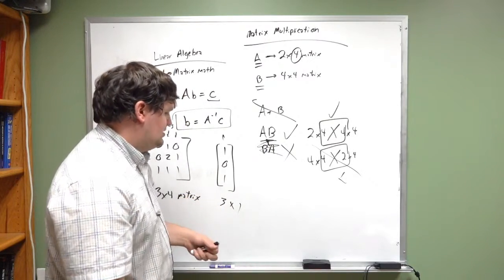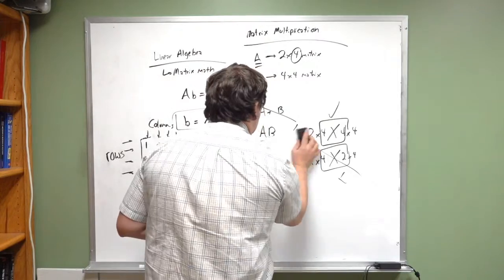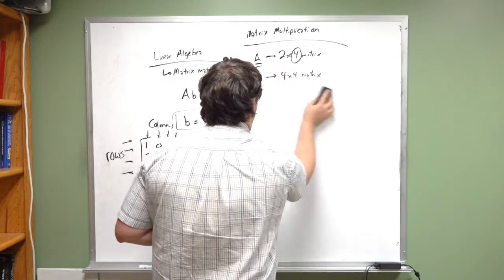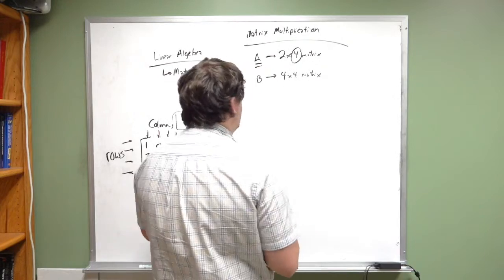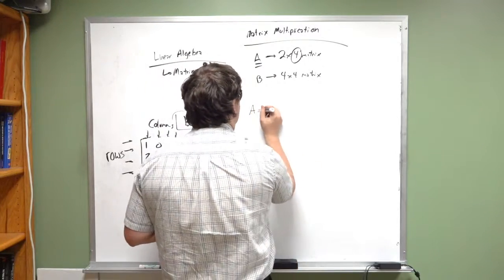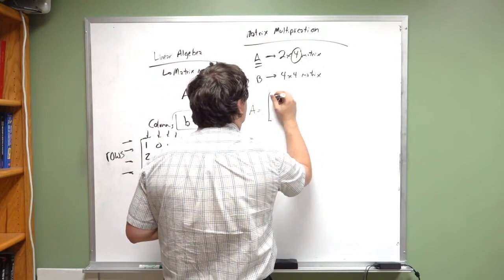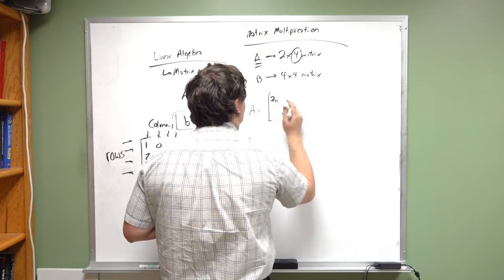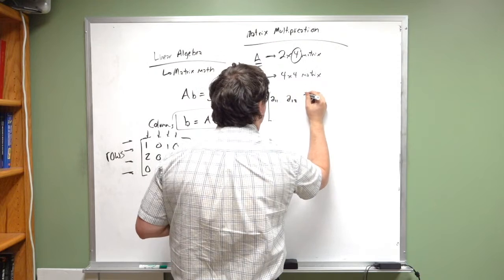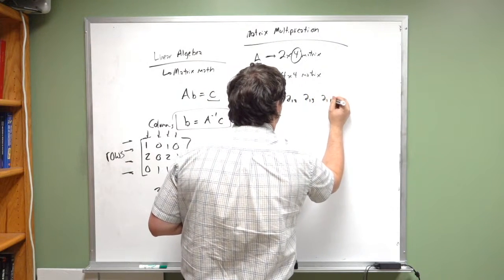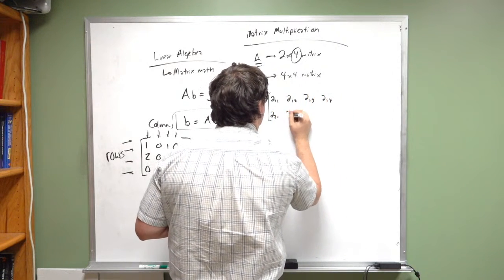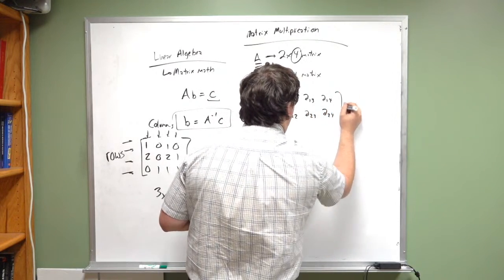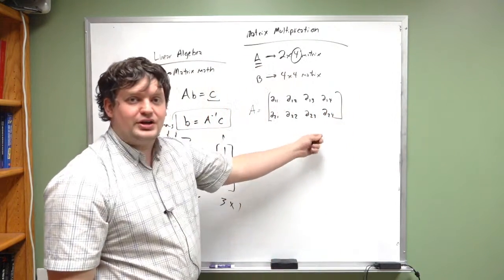Okay? So when you multiply matrices by each other, here we can multiply A and B. A is defined as A11, A12, A13, A14, A21, A22, A23, A24, where each of these values is just some scalar value.